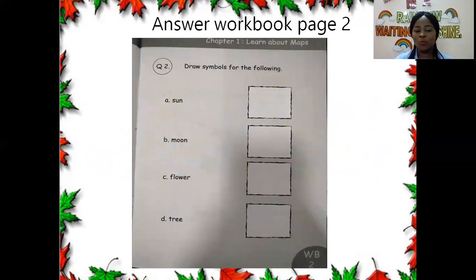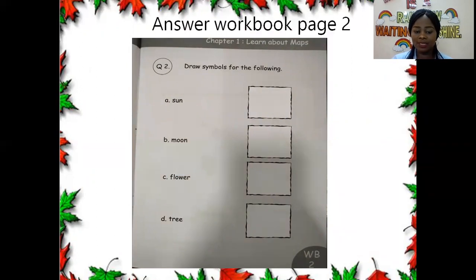Activity time. Now, I want you all to open your workbook, page 2, and you're going to answer the questions. It's all about drawing, okay? It says, draw symbols for the following.